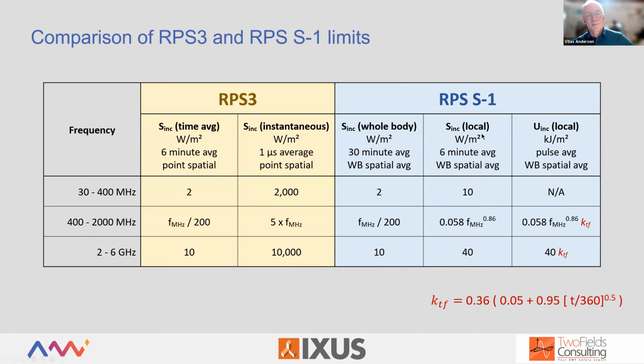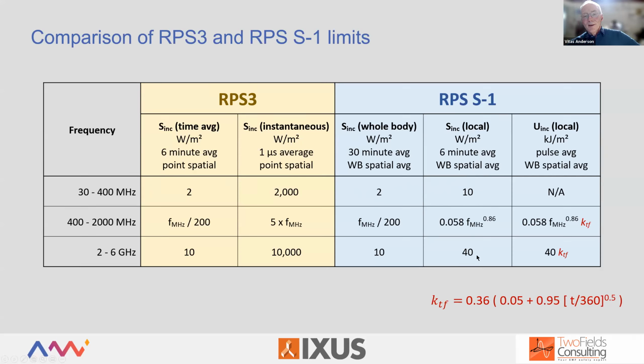The other difference is this new local limit. So this time averaging limit has sort of been split into 2, a whole body one and a local one. And you can see that the local limit is substantially higher. So it's 10 watts per square meter compared to 2. And so it's about 5 times higher, from about 30 to 400 megahertz. And then when you get up to 2 to 6 gigahertz, it's about 4 times higher.